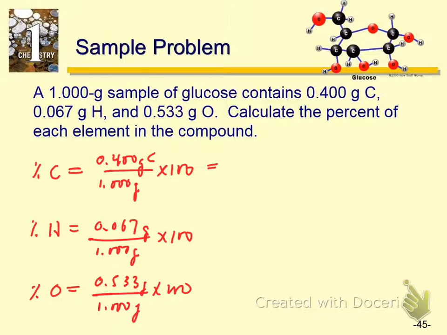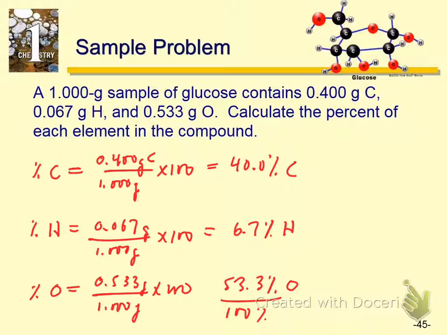That's going to give me 40% carbon, 6.7% hydrogen, and 53.3% oxygen in my compound. And those percentages better add up to be what? 100%. Okay? So that's easy. You've done percentages before. It's just what we're interested in divided by the total times 100.